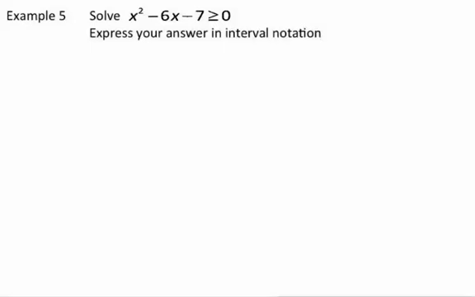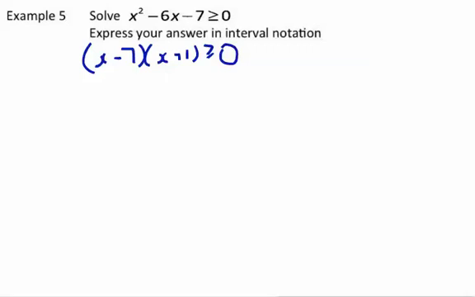We need to find two numbers that multiply to negative 7 and add to negative 6. Those would be negative 7 and 1. So we factor. But now this inequality is actually comparing these two factors to 0.